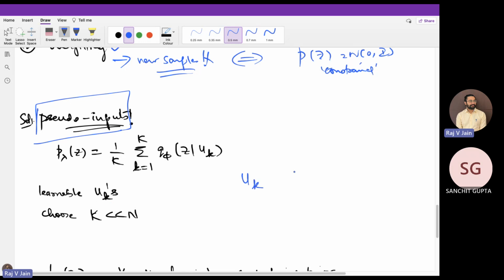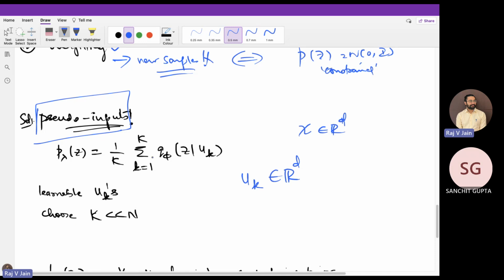Each u_k is a vector in the d-dimensional space, which is the same space where your X lies. These u_k are learnable, so you start with some random value and keep training them from your data.